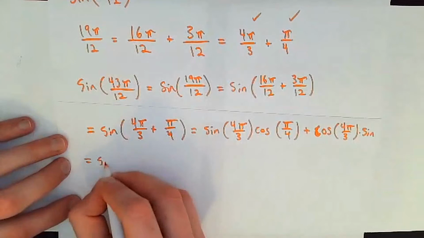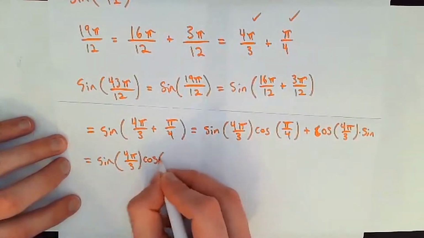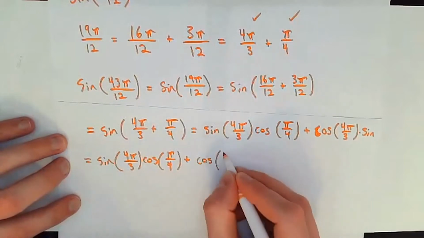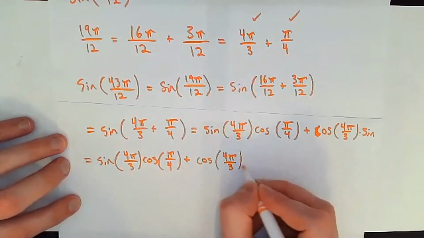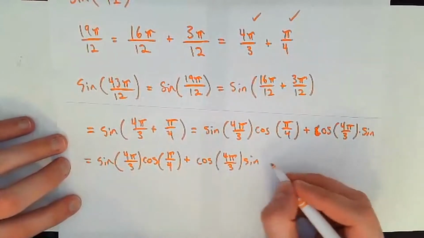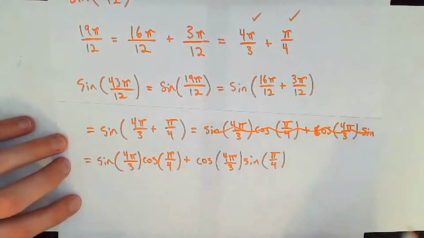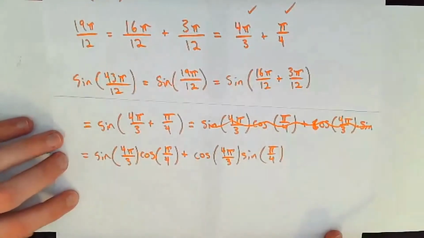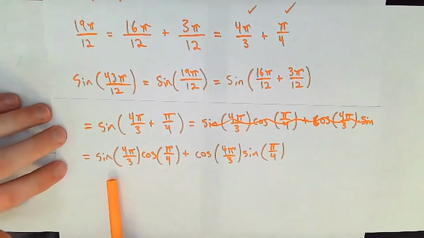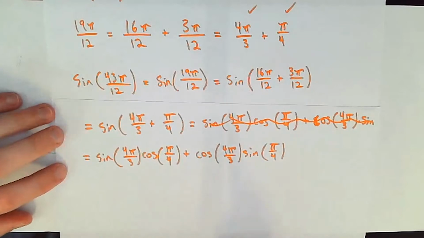I'm going to rewrite it down here. Sometimes I don't notice the edge of my paper because it's the same as my background. Okay, there we go. Now I'm going to need to know what sine of 4 pi on 3 is, and cosine of 4 pi on 3, and also cosine of pi on 4 and sine of pi on 4.